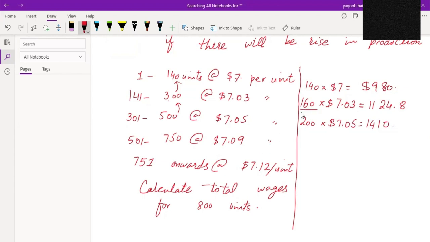so up till now we produced 300. Now we have done with 500 units. Then 501 till 750. So 750 minus 500, 250 into 7.09, 1772.5.